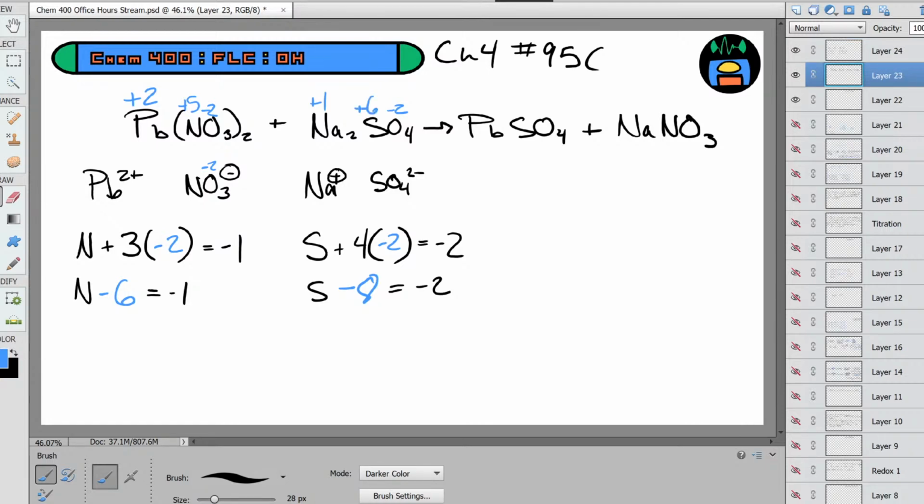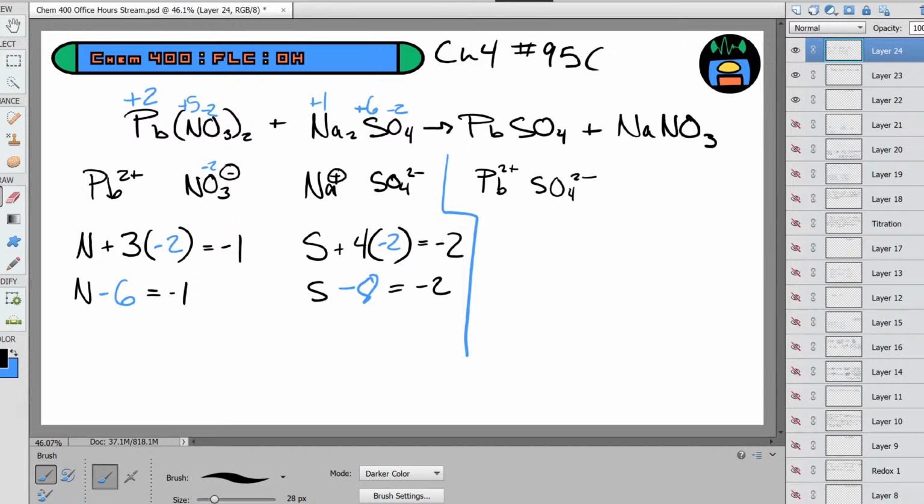All right. Now, let's look at the product side of this reaction. Again, we're going to do the same thing. We're going to break up our anions and cations. Because it's easier, or I find it easier in this instance to assign the oxidation states.